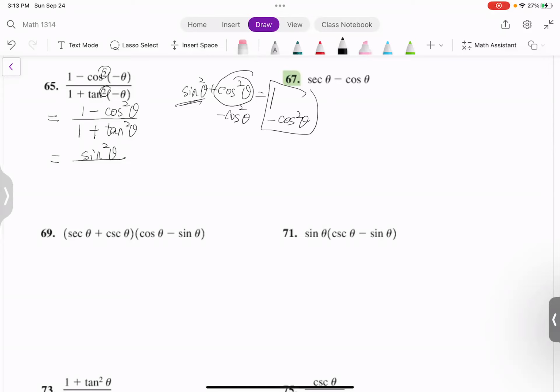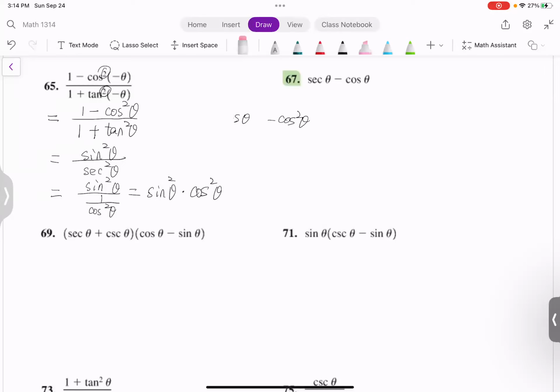That's a Pythagorean identity, that's secant theta squared. Then let's do the simplification. We need to convert the top and bottom to sine and cosine. The top is sine, and secant theta squared is 1 over cosine theta squared. And do the algebra, and we have sine theta squared times cosine theta squared.